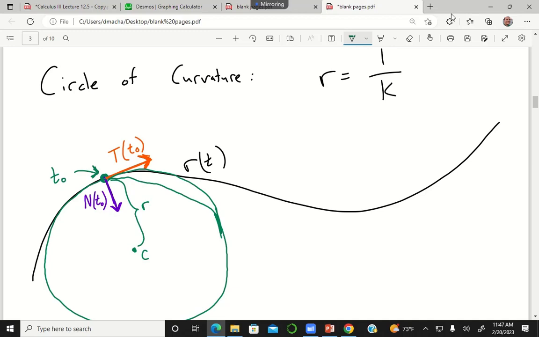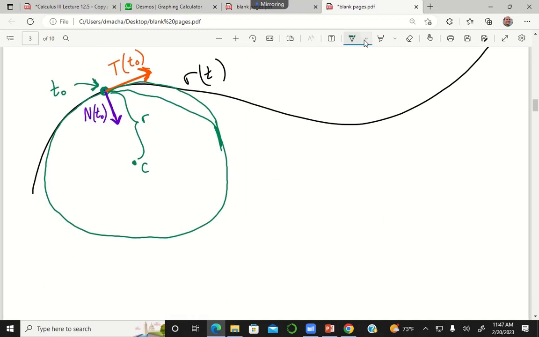So make sure, does everybody feel like you understand what I mean with this picture? What do we have to add to get the coordinates to the center? Okay, so I'm going to call C the center. The center of my circle is a vector.